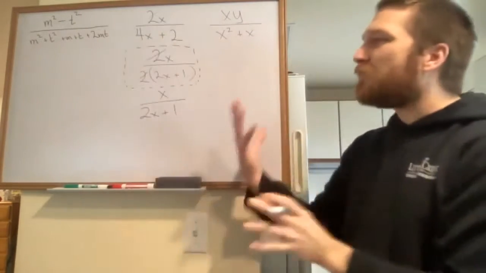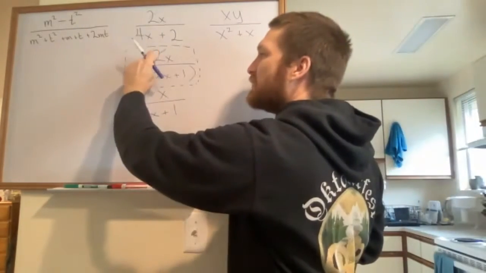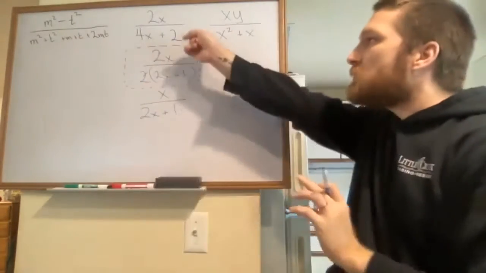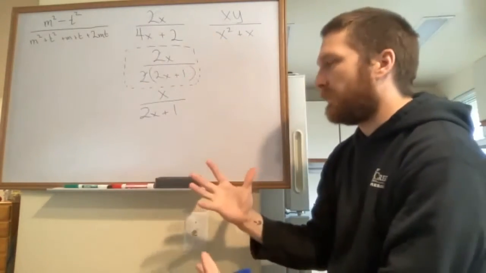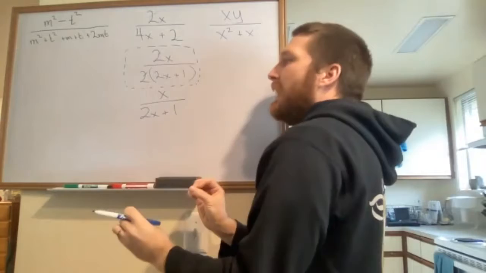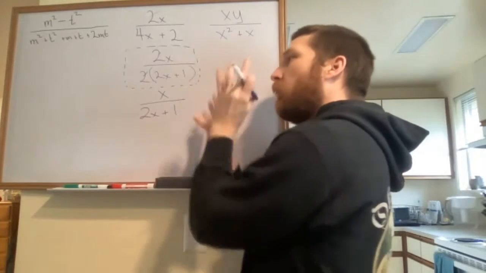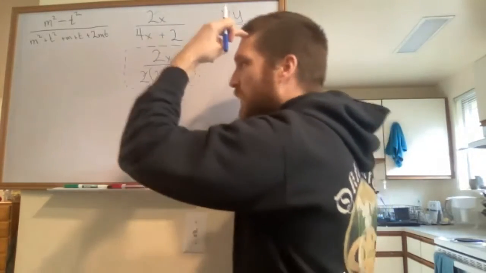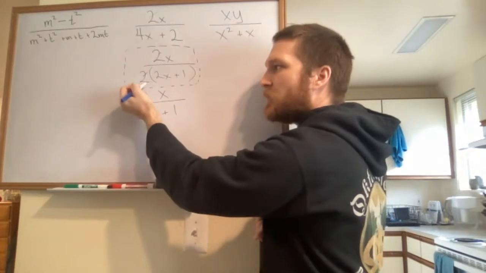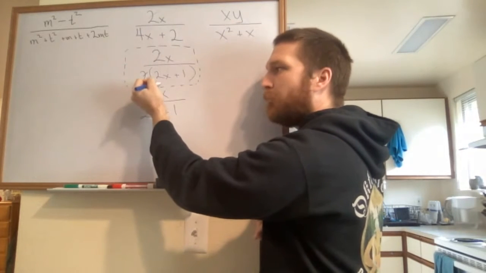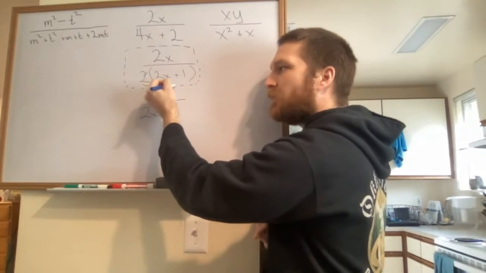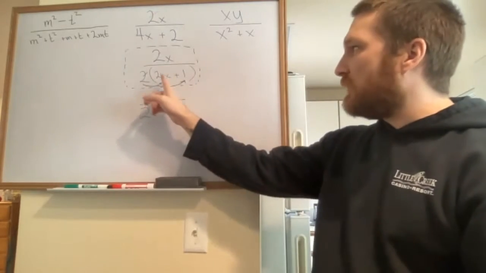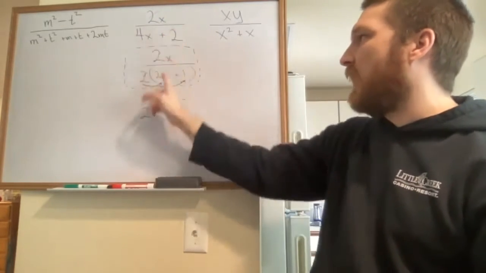Another thing, and I've said this over and over again: every time you take a step where you're factoring something, take a second and check your work. Is this truly equal to that? You have to take that 2 and distribute it back in. So every time I factor something, I redo what I have undone.